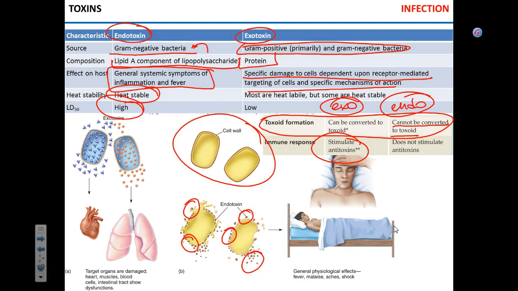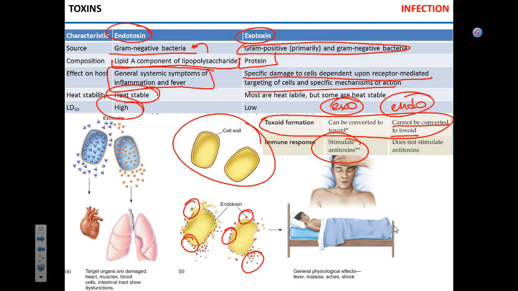Tetanus shot. Take tetanus toxin, inject horses. Horses develop antibodies, which we call antitoxin. Those antibodies are then used to treat people who were potentially exposed to tetanus.